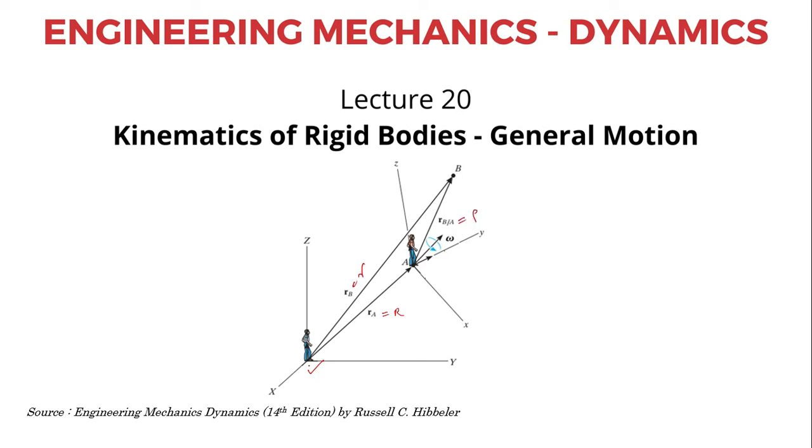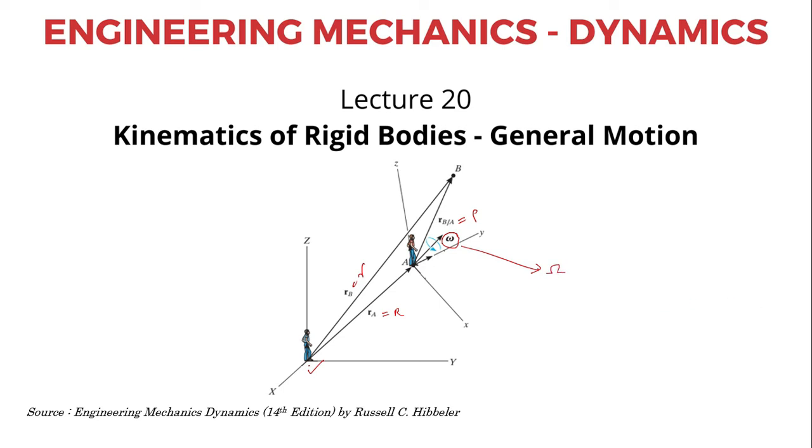In most textbooks the base point A represents the origin of the moving reference frame small xyz, and the instantaneous angular velocity of the moving reference frame is given by omega. So don't get confused, they are both the same thing.